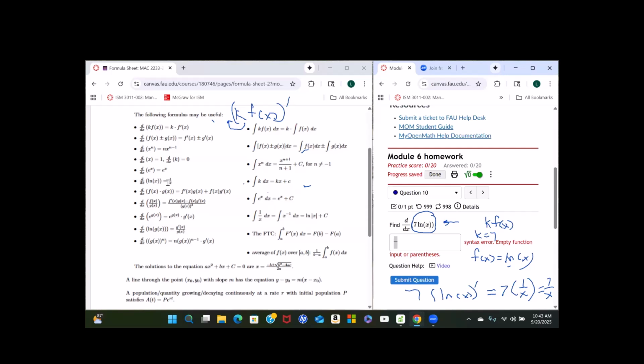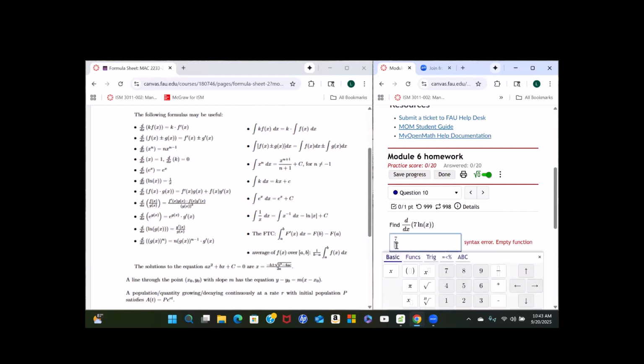That's why I'm saying we have to really understand this formula sheet. Once we get really clear about what this formula sheet means and how we use it, it's going to be easy. That's why I'm going to spend a lot of time going back and forth to the formulas. Once you get used to them, and you will, because you're going to do the same ones over and over again, it'll be easy. Don't worry.